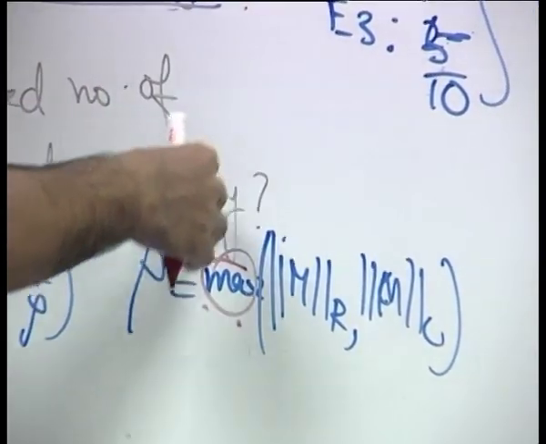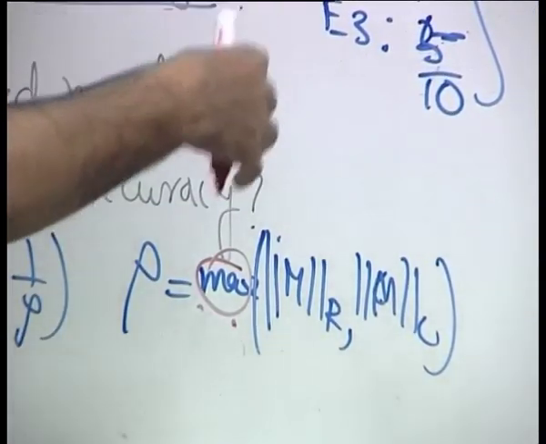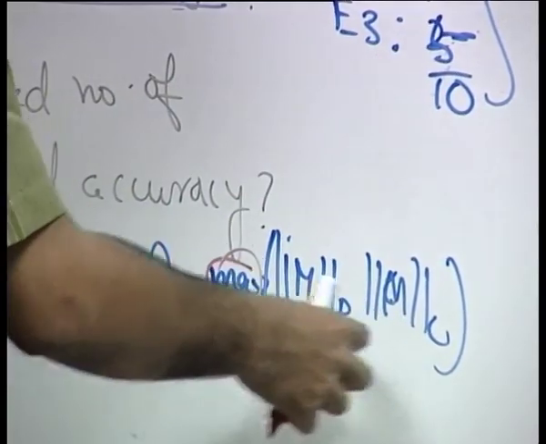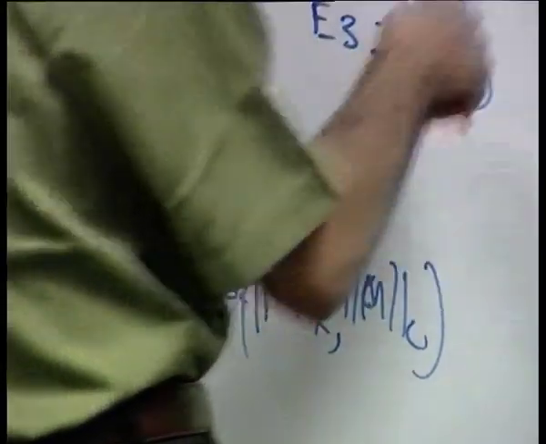So, you want to see what is the largest value that you can take. Out of these two, you can also consider the column sum norm.